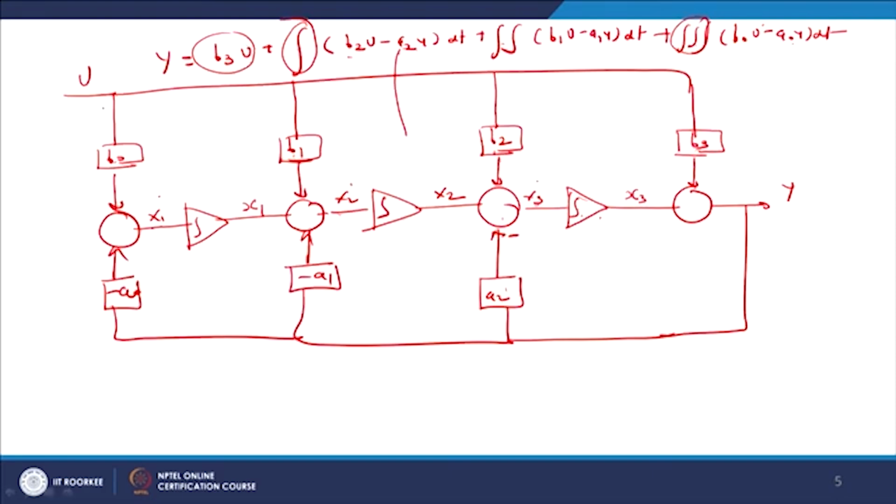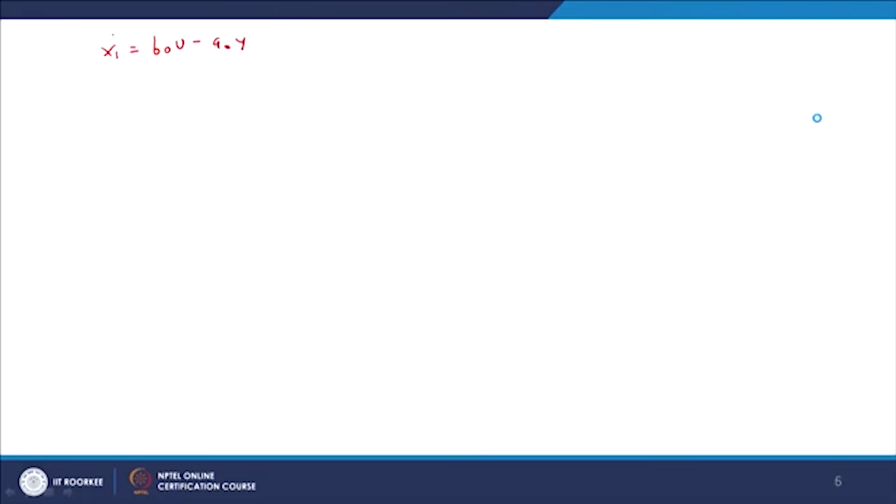Equal to b0 into u minus a0 into y, and what is y? y equals x3 plus b3 into u. So we have to replace this equation here.